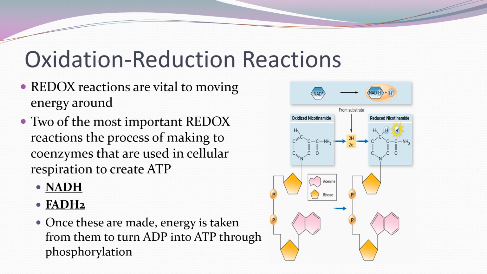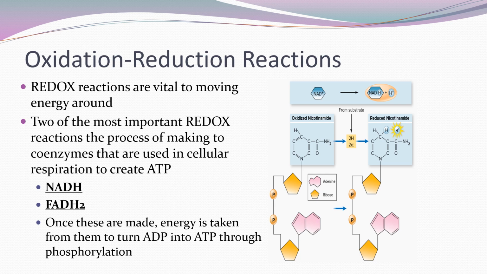And two of the most important redox reactions are going to come from our electron carriers that we're going to make through a couple steps that we're going to talk about soon. Those electron carriers are NADH and FADH2.